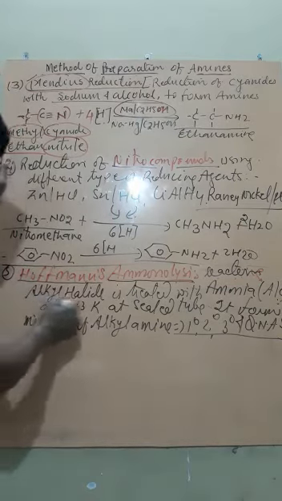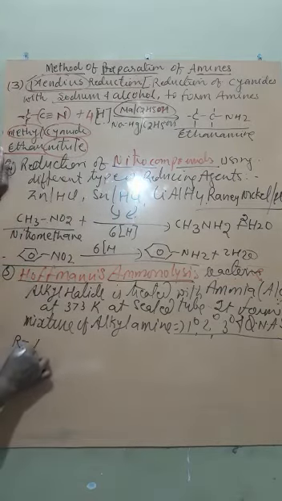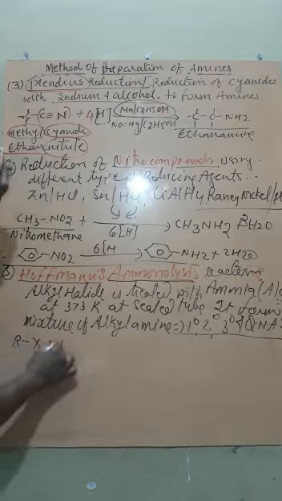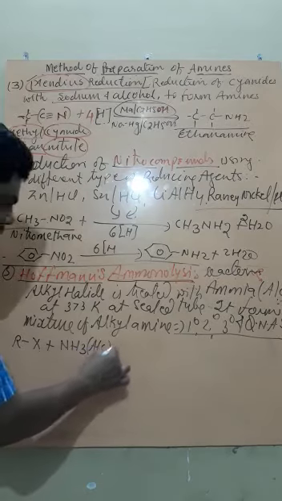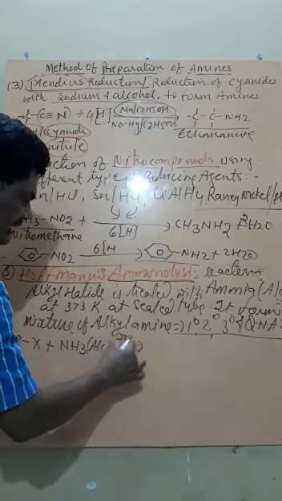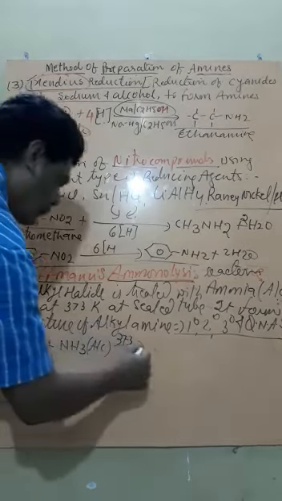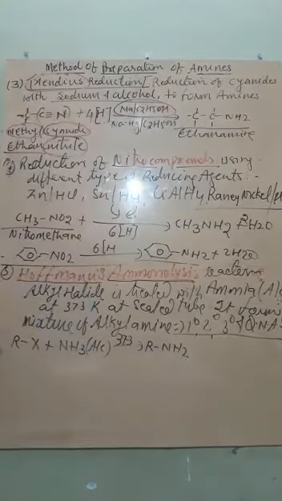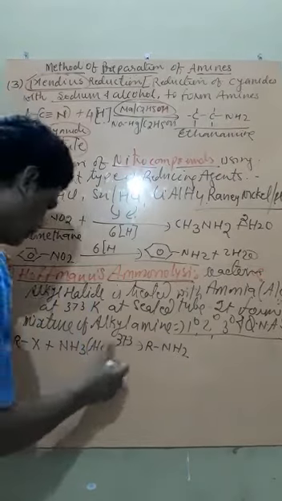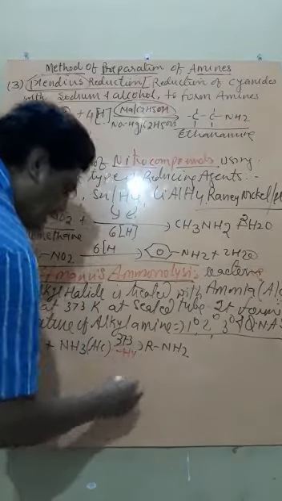So the alkyl halide you can write simply as RX plus alcoholic NH3 at 373 Kelvin temperature. First it forms RNH2, minus HX.